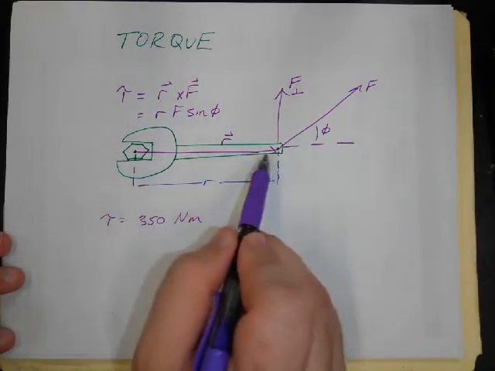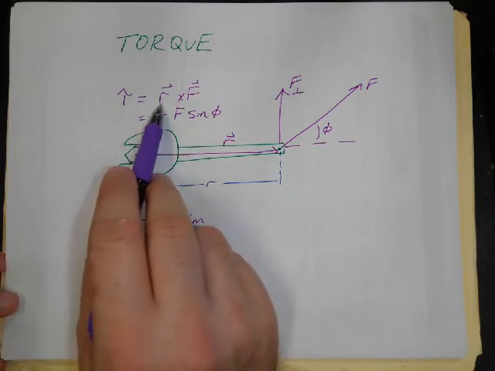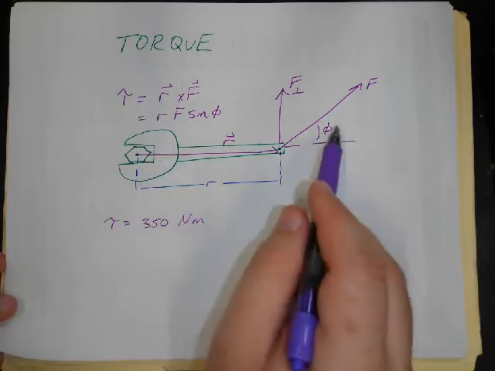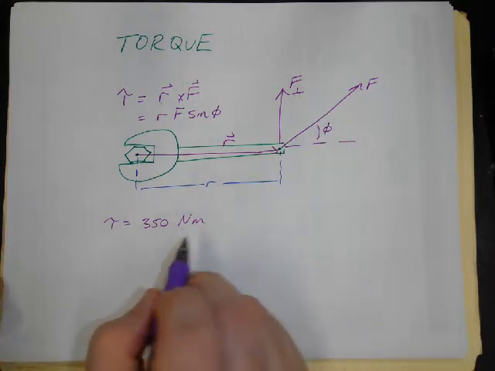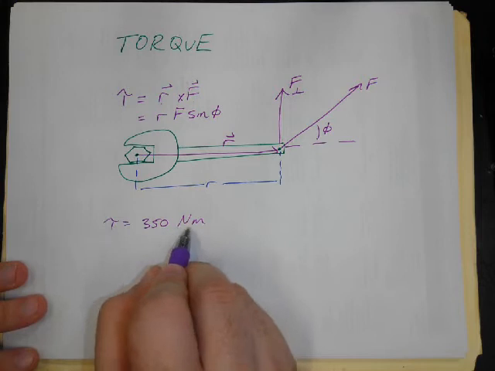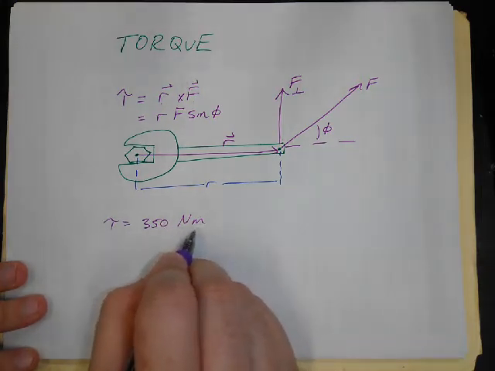It's the radius. This is along the lines of how we measure an angle. Well, a radian is a meter per meter. So this is not energy. This is torque, and that just happens to be the units.